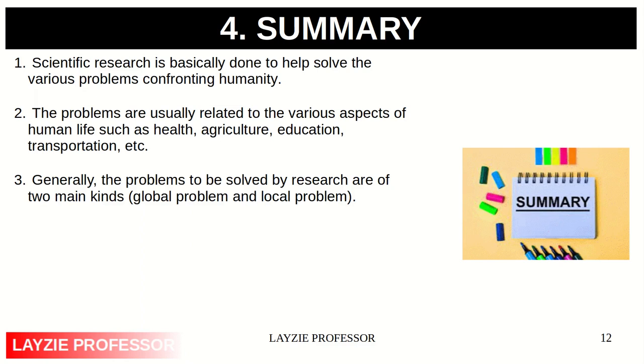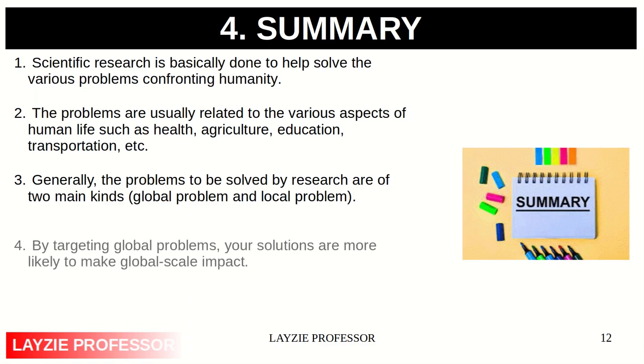So basically, if the problem has a large scale effect across the globe, then that is a global problem. And if the problem has a smaller scale effect, in some small area or some small locality within the world, then that problem is a local problem.